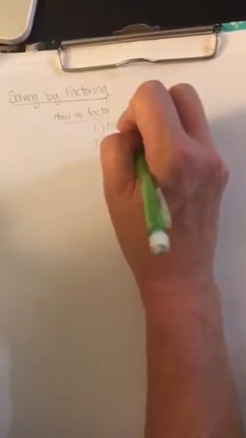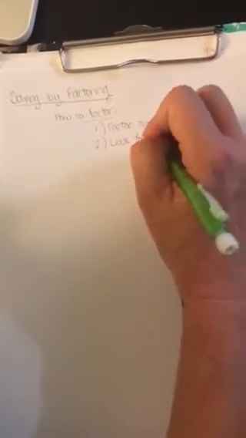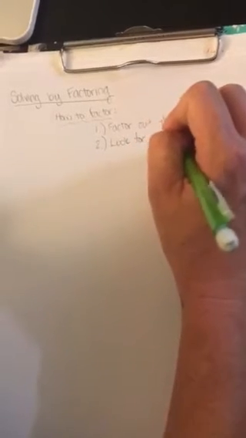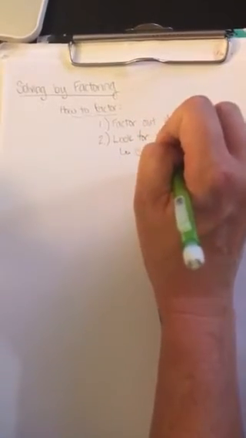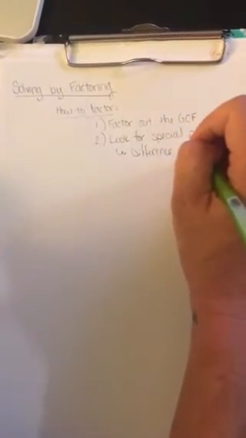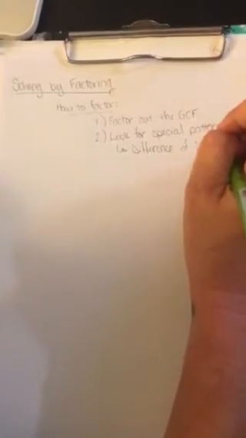So you want to look for any special patterns. And special patterns are things that you've seen before. The first one would be a difference of squares. Okay, so that's the first type of special pattern that we'll see.